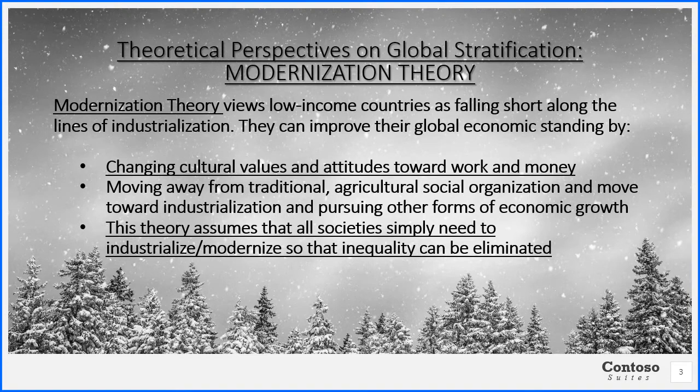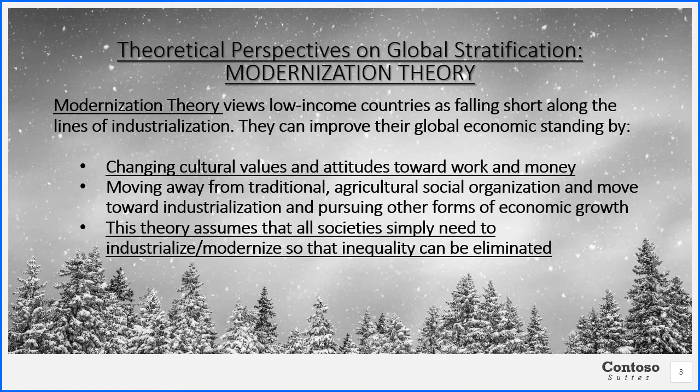All right, we'll continue with that chapter on global inequality. So we went over a few sociological theories in this chapter when it comes to global stratification or inequality. Modernization theory is your classical perspective on global stratification. It views low-income countries as falling behind or falling short in terms of industrialization.